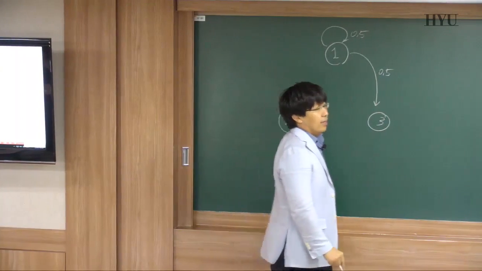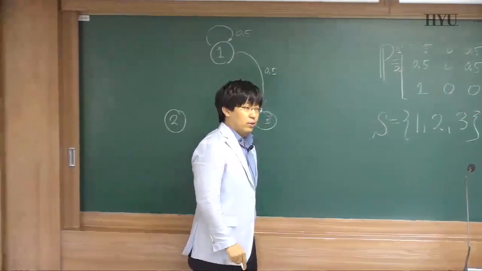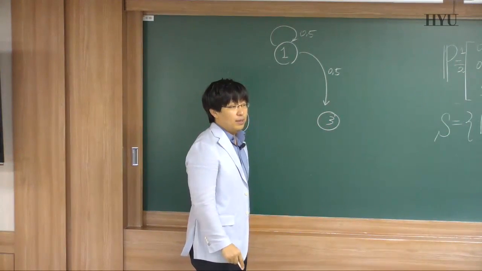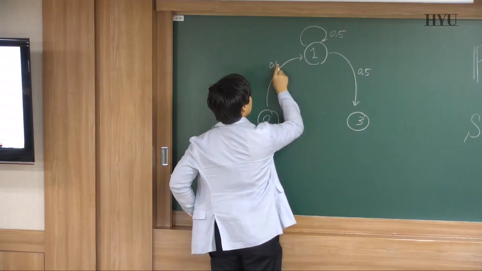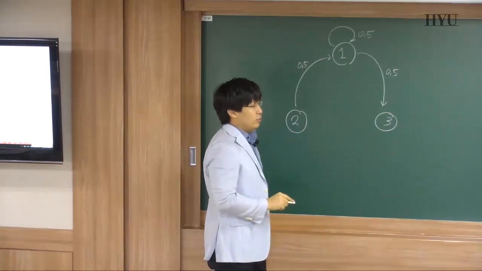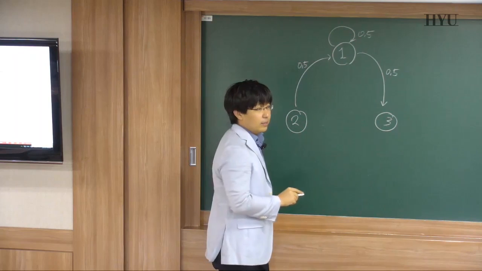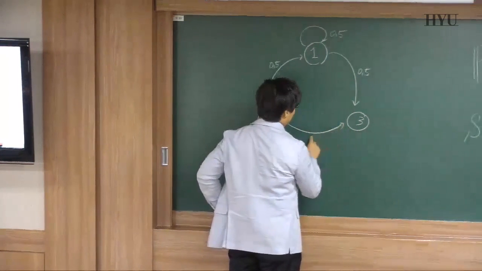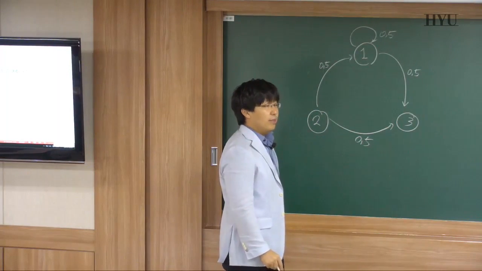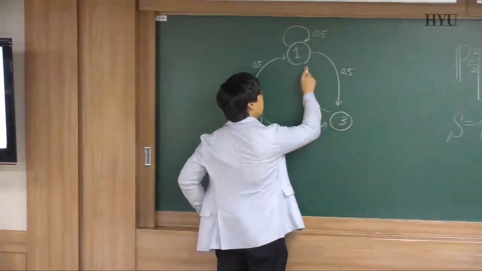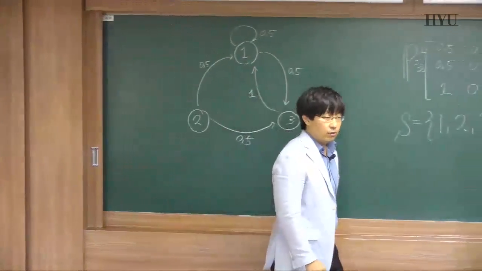Then let's consider the cases from state 2. 2 to 1 is 0.5, 2 to 2 is 0, 2 to 3 is 0.5. How about 3 to 1 with probability 1? 3 to 2 is 0, 3 to 3 is 0.